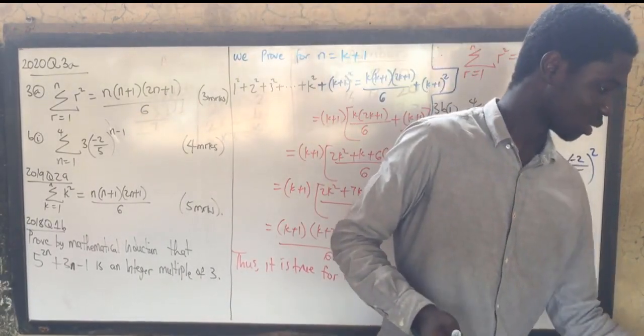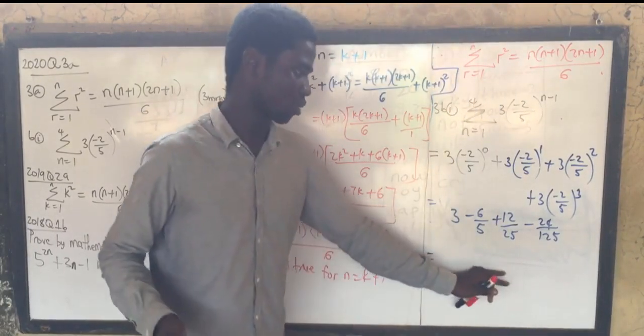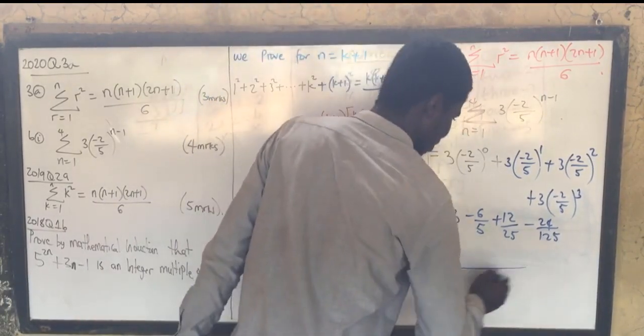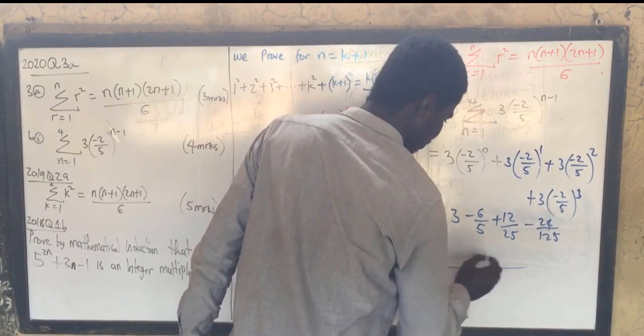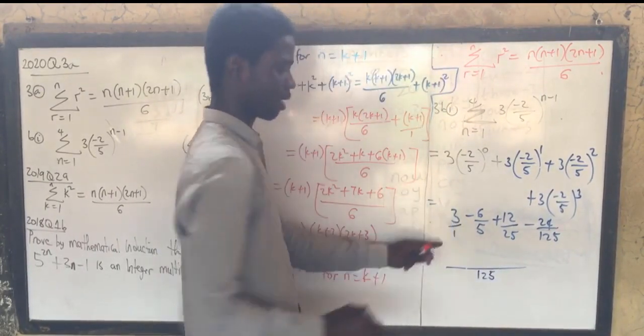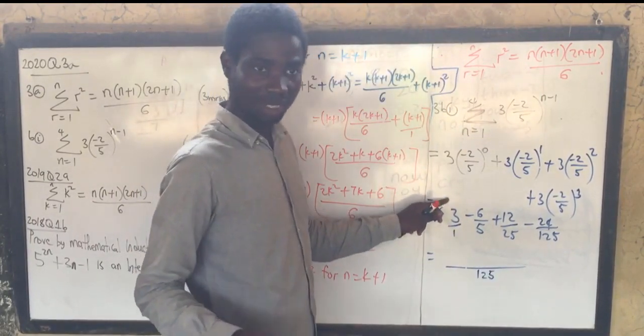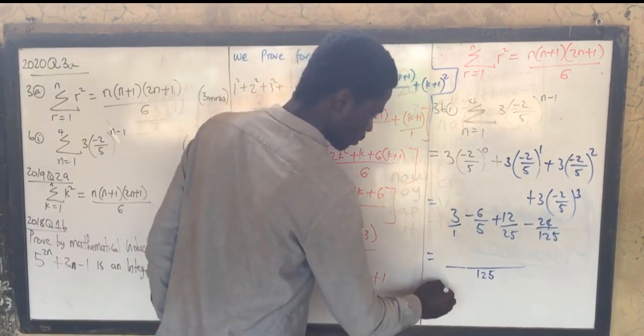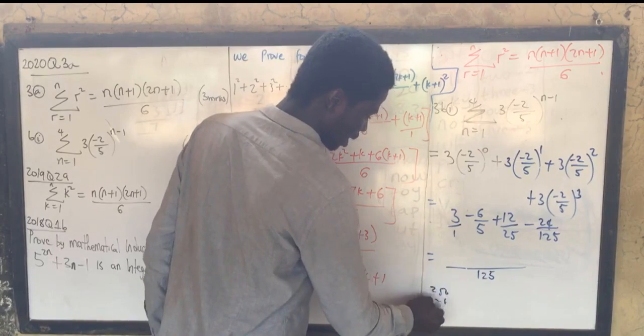When you add all these things together, you use a calculator to calculate all these values, so that you know the LCM is 125. 125 divided by 1 is 125. 125 times 3, that is 125 times 2 is 250, 250 plus 125, that is 375.